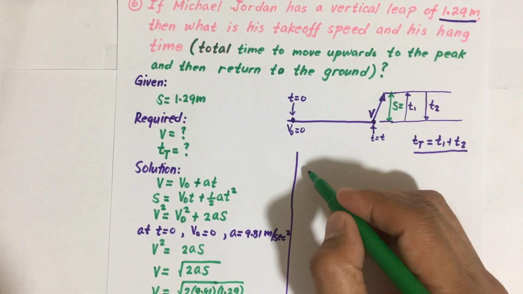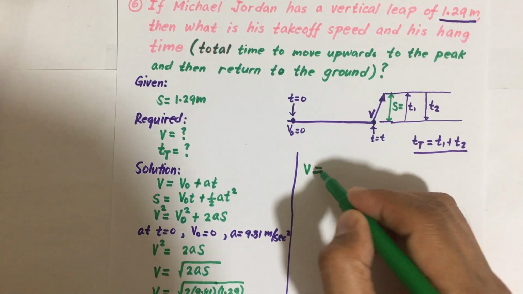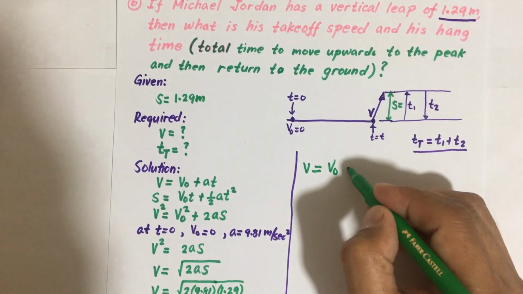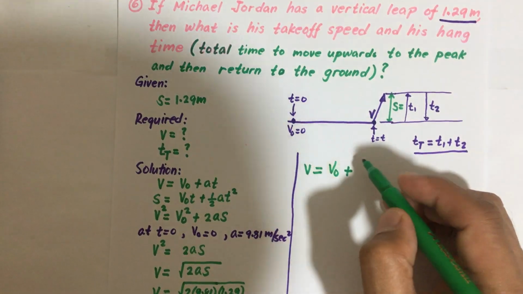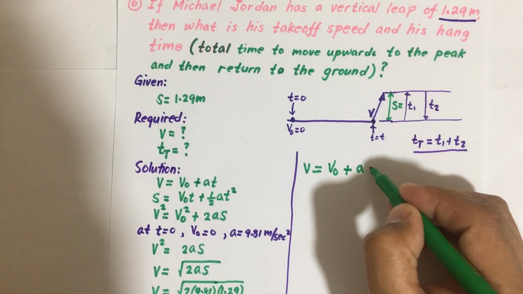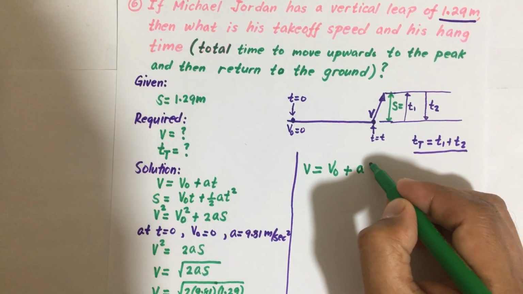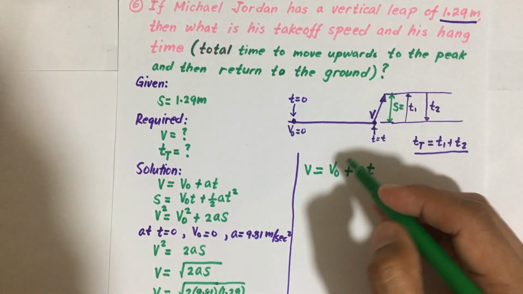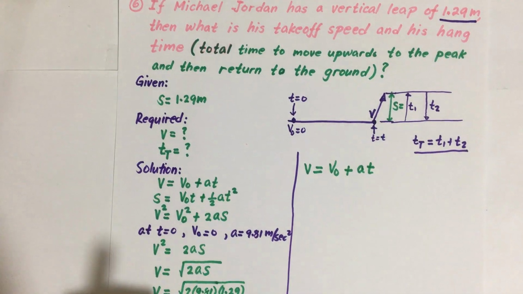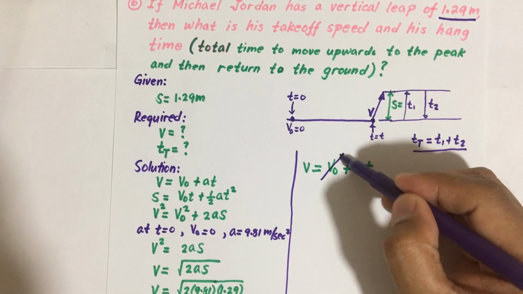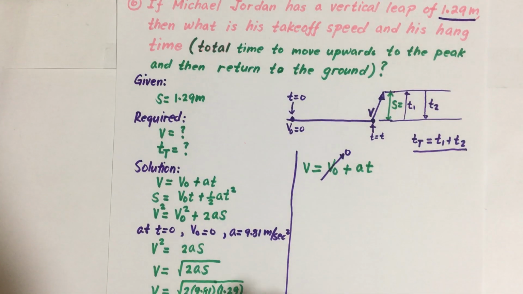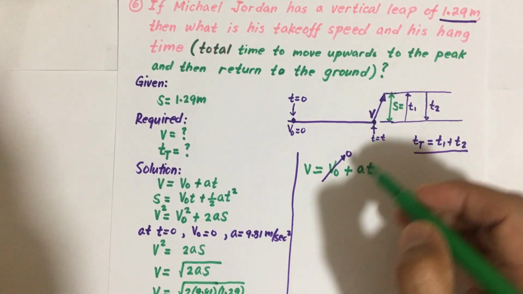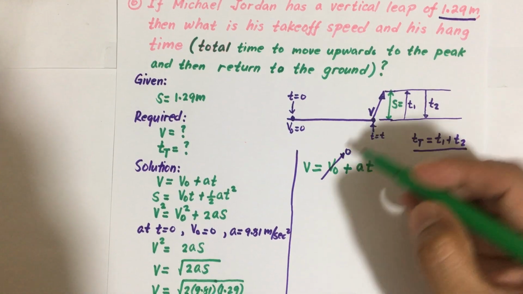So we have V equal to V0, or initial velocity, plus the acceleration times t. Alright, so we know that V sub 0 is equal to 0. So we can use this formula, class.